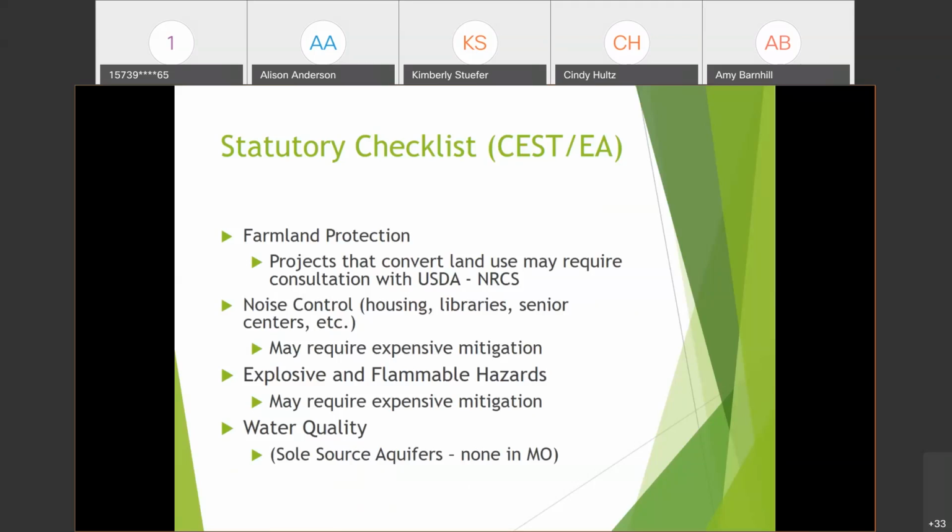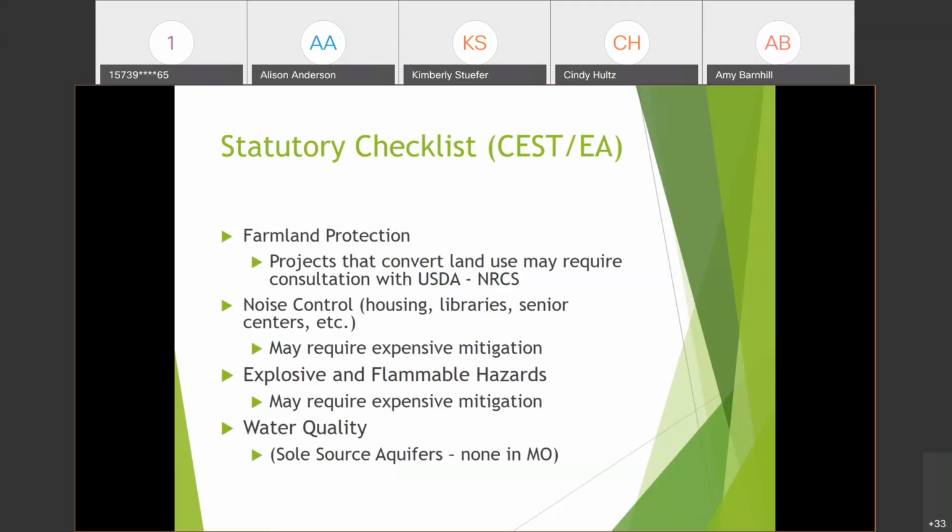And there's a calculator on the HUD exchange to do that. And then if it's found that the separation distance is unacceptable, then you have to add mitigation or move the project somewhere else or do something to get that item away from the project.